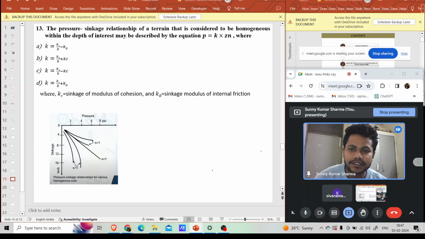In pressure sinkage, the relationship of a terrain that is considered to be homogeneous within the depth of interest may be described by the equation p = k z to the power n. So in this expression of Bekker's equation, what is k? K is expressed as what?